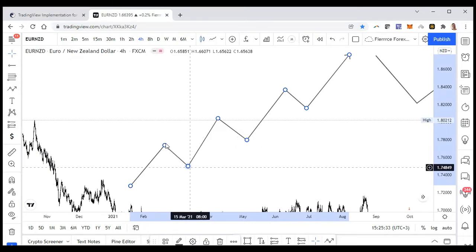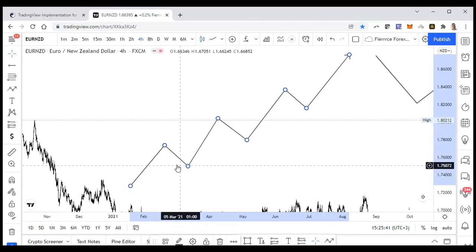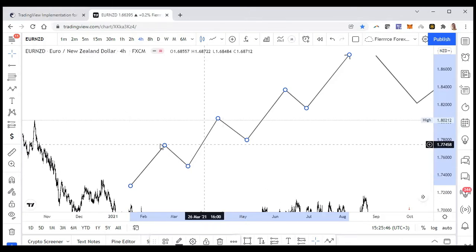When it was retesting, it came to a certain level that was higher than this one, stopped, bounced off this higher zone and pushed up, breaking this higher high.